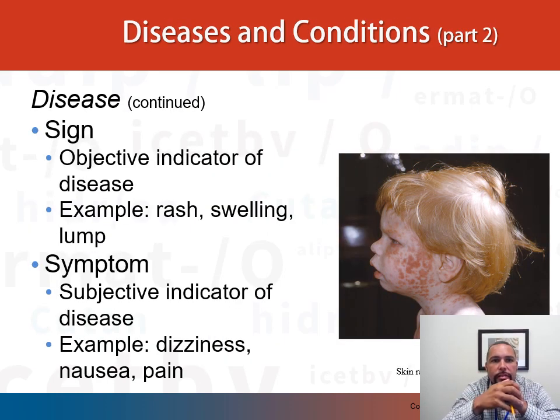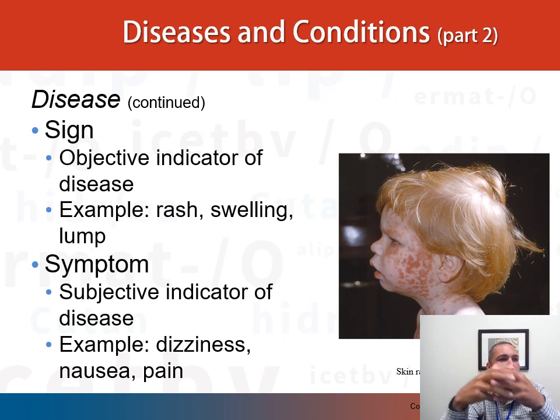Some diseases, some sign, objective indicator of a disease, for example, a rash or swelling. You could clearly take a look at this patient on the screen and see that that is not normal. All that redness would be some type of sign of a disease. A symptom is a subjective indicator of a disease. Examples would be dizziness, nausea, or pain.